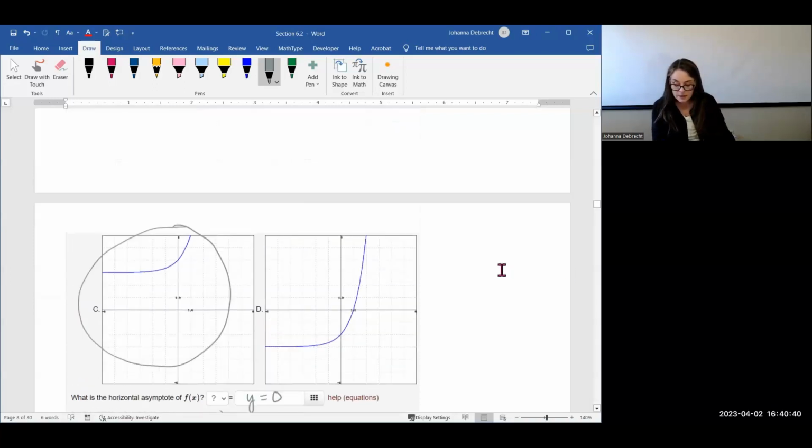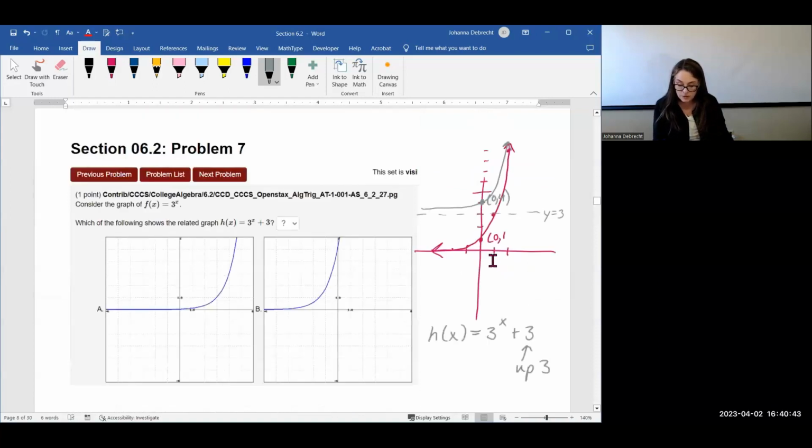Again, I'm basing this on my understanding of what 3 to the x looks like, which is here. This is y equals 3 to the x. You can see that the range is all the y values, from 0 to infinity. The domain, you can use any x value you like, and the y-intercept is at (0, 1).